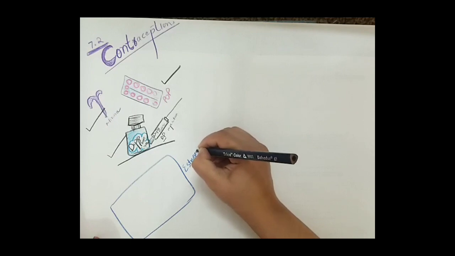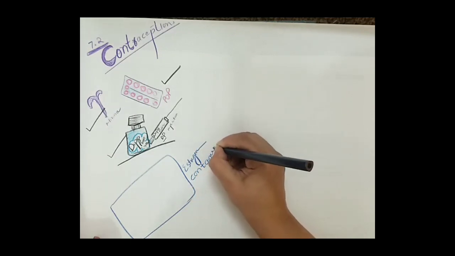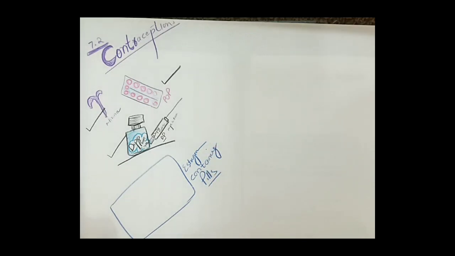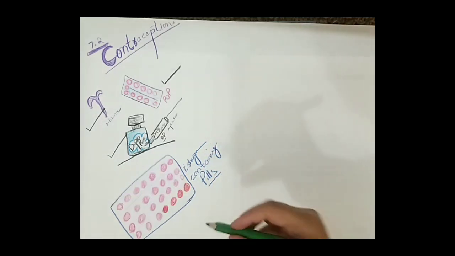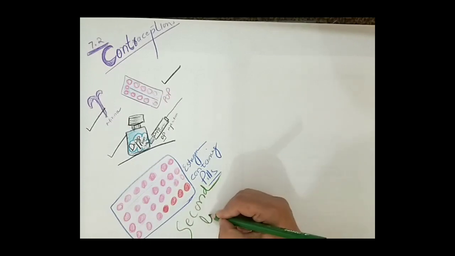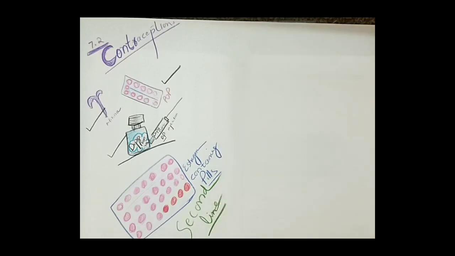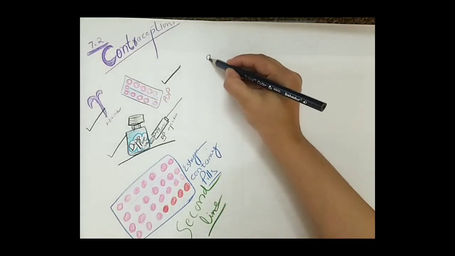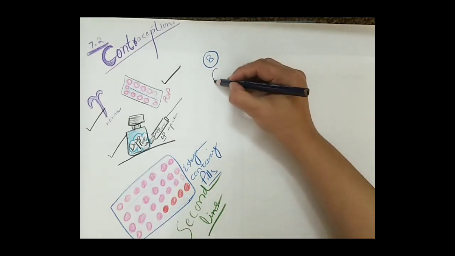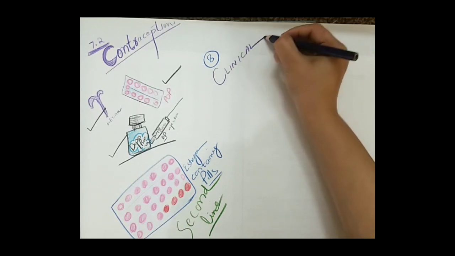Yes, we can prescribe, but these should be used as second line agent. Okay, we have certain estrogen containing pills, as all of you know, combined oral contraceptive pills. And the studies have shown that there is a decrease in painful episodes in both group, but to a greater degree in DMPA group, depomedroxyprogesterone group.